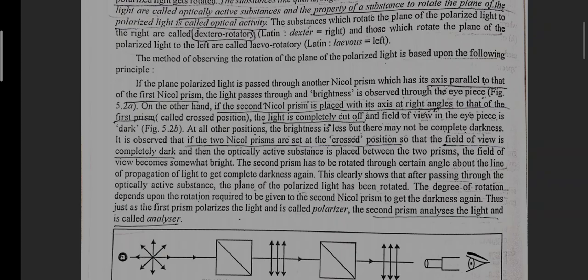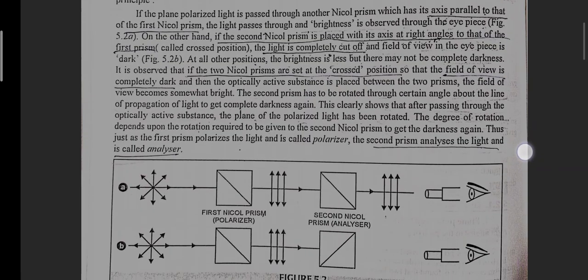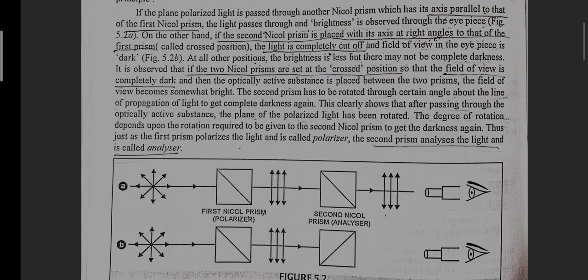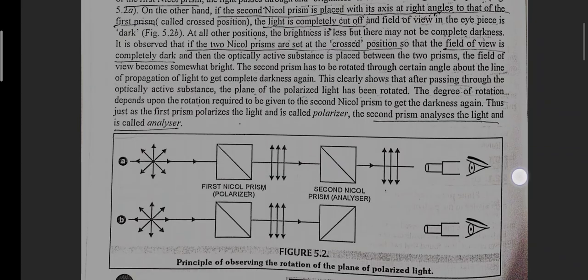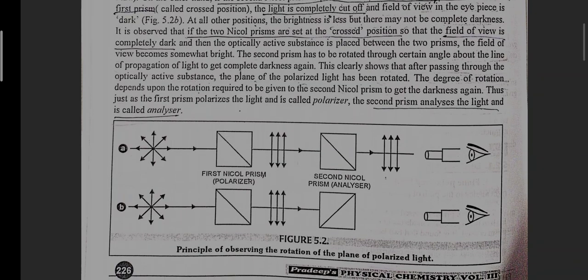It is observed that if the two nicol prisms are set at the crossed position so that the field of view is completely dark, and then the optically active substance is placed between the two prisms, the field of view becomes somewhat bright. The second prism has to be rotated through a certain angle about the line of propagation of light to get complete darkness again. This clearly shows that after passing through the optically active substance, the plane of the polarized light has been rotated.